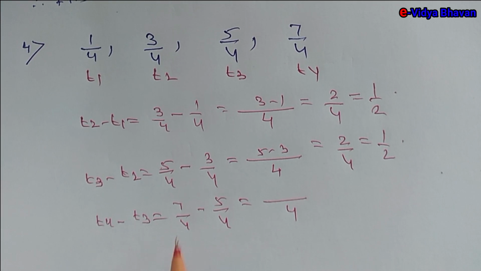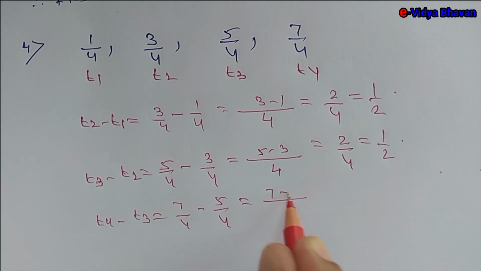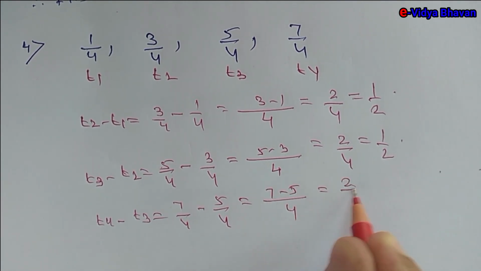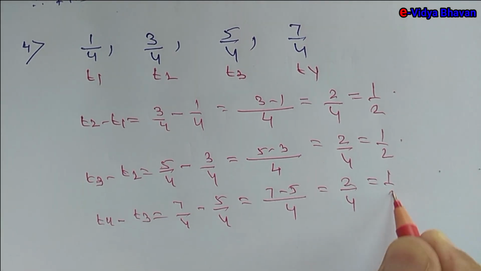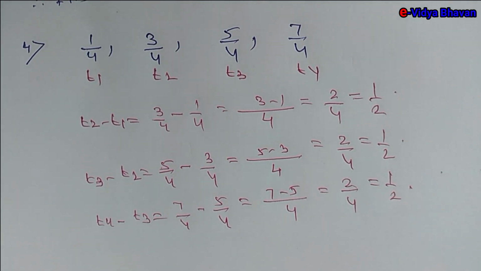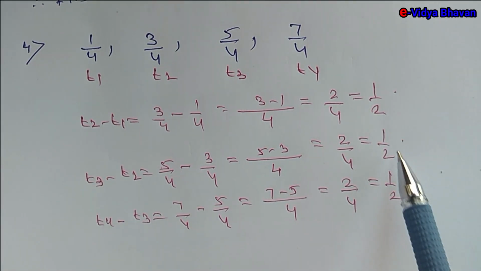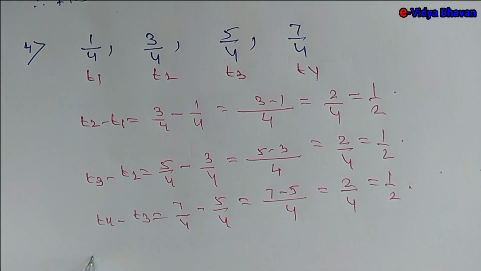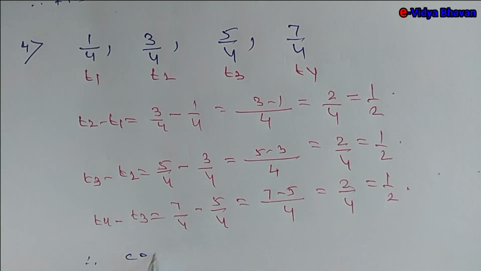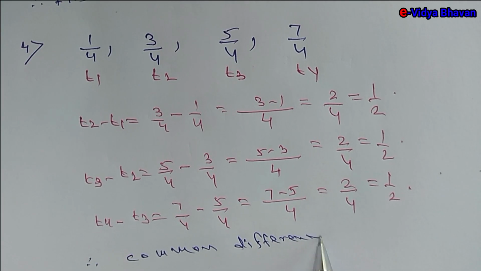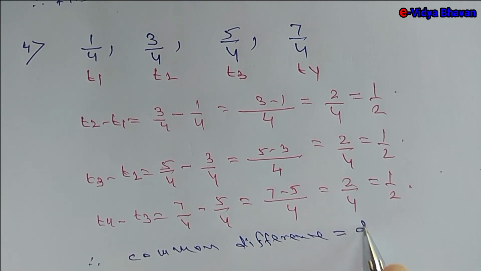We are getting denominator same, 7 minus 5, that is 2 upon 4, that is 1 upon 2. So everywhere we have got the same constant, the difference 1 upon 2. The common difference is same. Therefore I can say common difference, which we denoted by small letter d, is half.